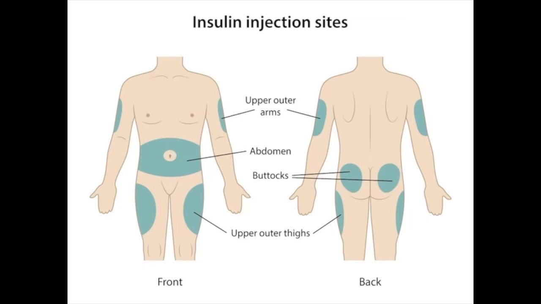So site rotation is just the distance from the previous injection site. It does not mean that you will be changing between regions. An inch of distance between the injection sites would already be okay. What is the purpose of rotating your injection sites? It prevents lipodystrophy, or lipoatrophy for that matter.